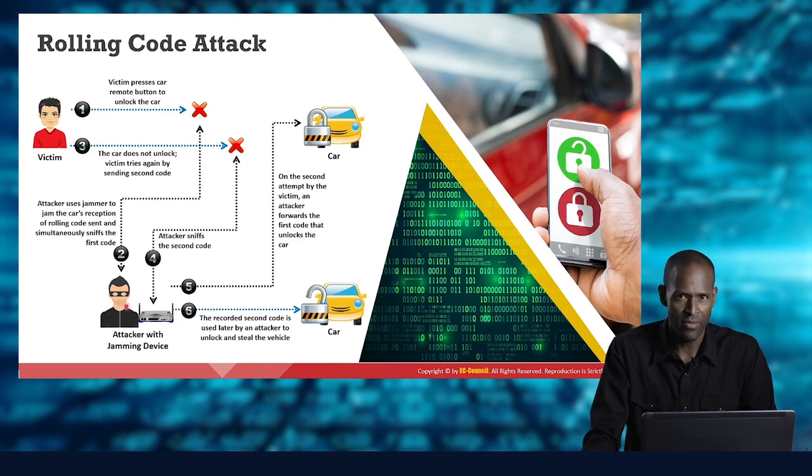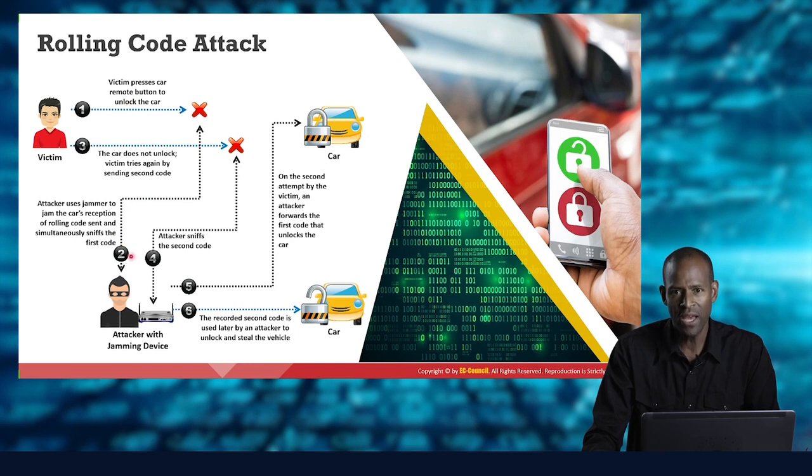I don't know why he's not wearing a hoodie, but he does have these weird looking glasses, so he must be an attacker. And so what he does is use a jammer to jam the car's reception of the signal, and then he sniffs this first code and captures that information.